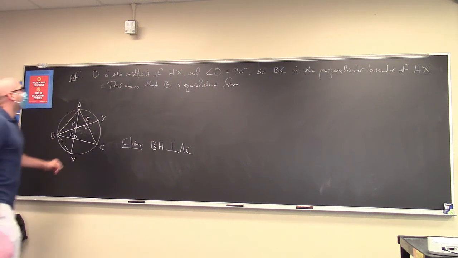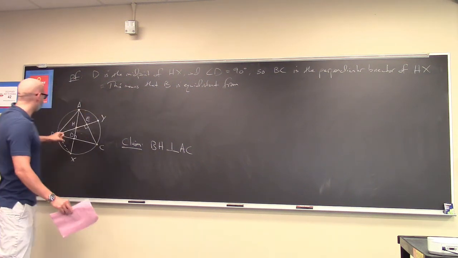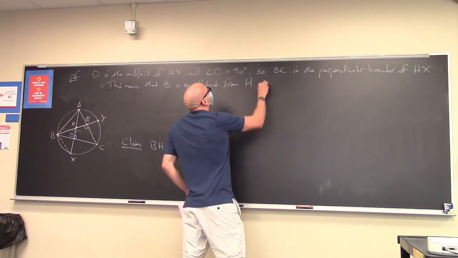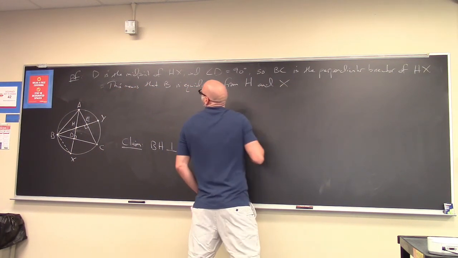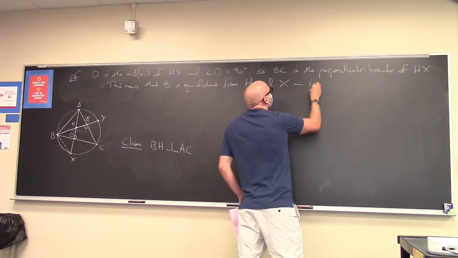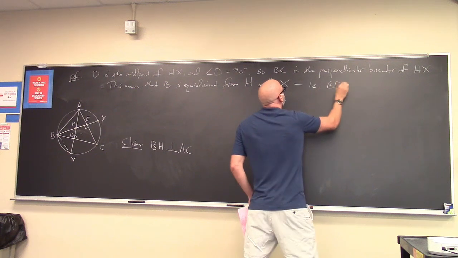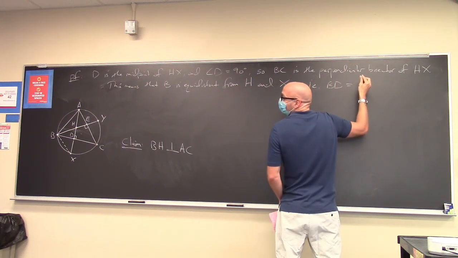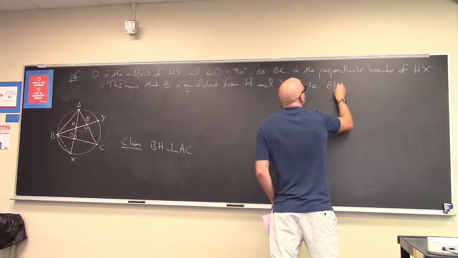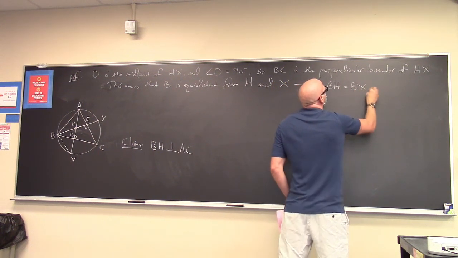But anyway, this means that B is equidistant from H and X. What I care about is BH is equal to BX.